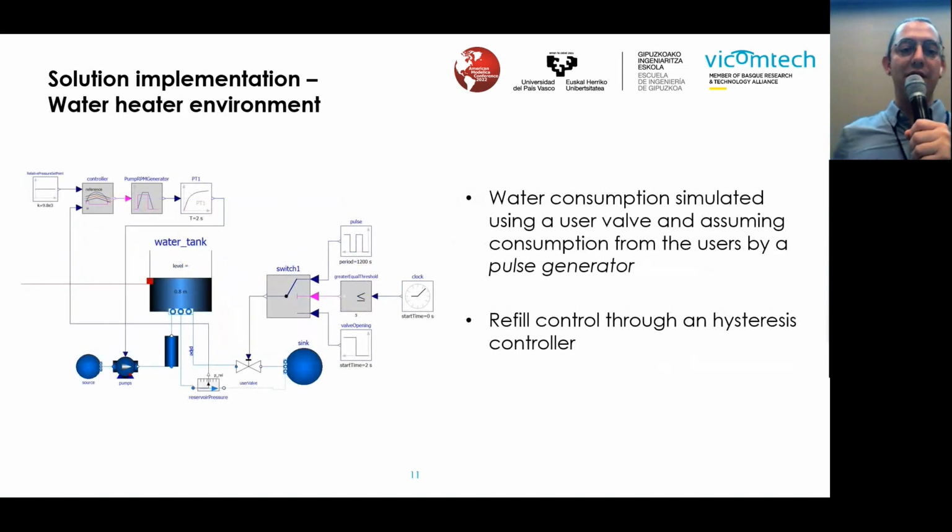Okay, so the next one is to simulate the hot water tank. So basically, you have to heat up the water. The model that they have is that the consumption will be triggered by this pulse block for 15 seconds every 20 minutes. And it has a hysteresis controller on the right-hand side for the refilling.